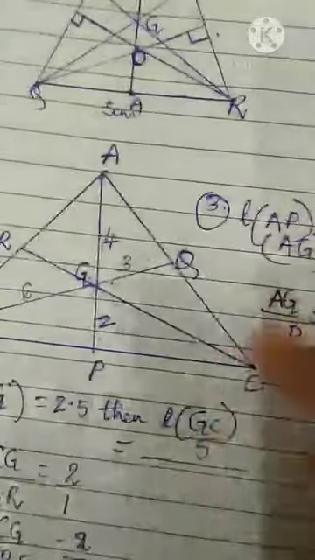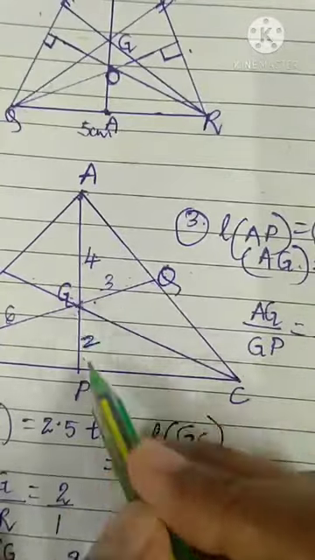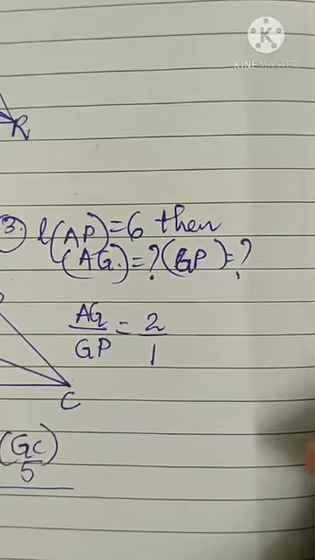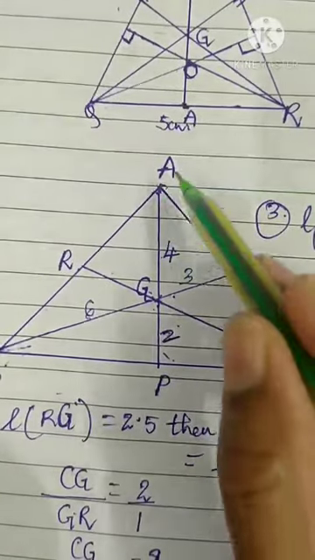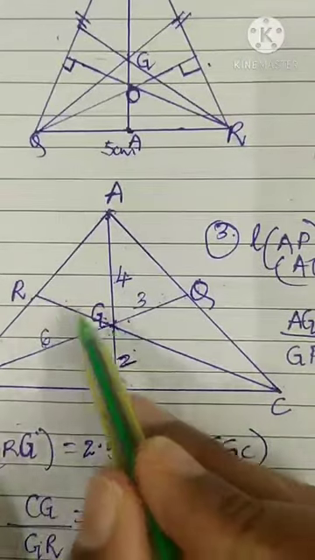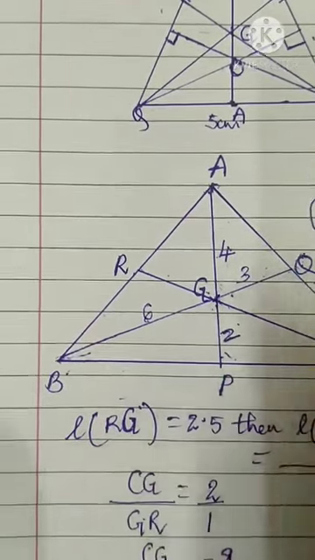So can you get how much is AG? AG will be 4 and GP will be 2. Is it fine? Okay, so use your mathematical skills here and find the answer. Always see to it that you write the ratio from the vertex: AG upon GP, CG upon GR and BG upon GQ.